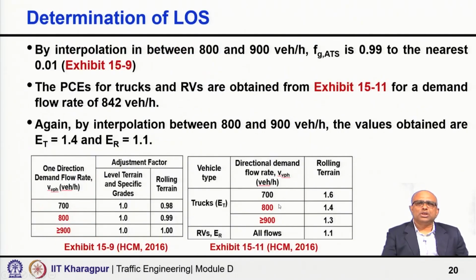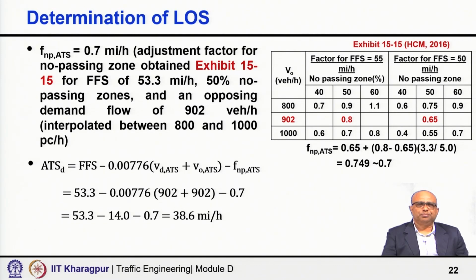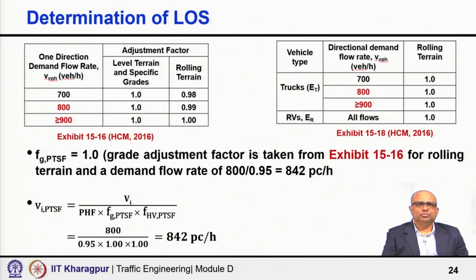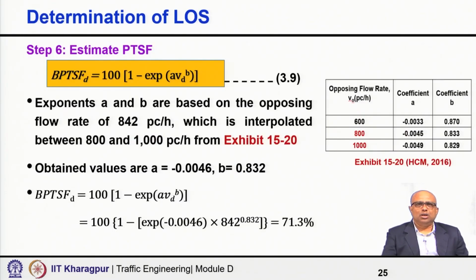So, use equation 4.20 to get this value. We refer to exhibit 15-20 for the opposing flow rate, and accordingly pick up the coefficients A and B, put them in and calculate. We get the base percentage time spent following as 71.3%.